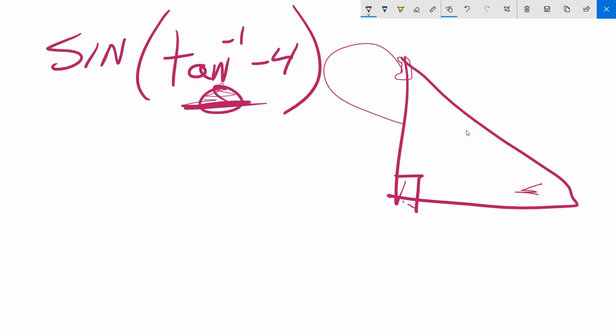Okay, I can choose either angle for theta. I'm going to choose this one right here. Now, begin to dimension that triangle. What are two sides of that triangle?